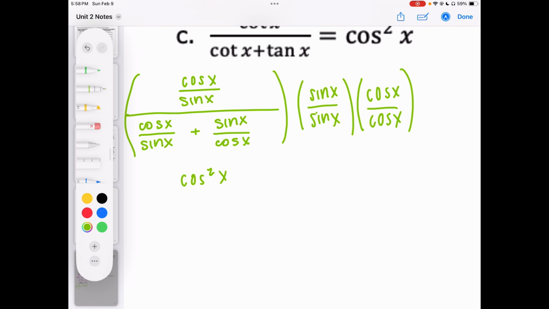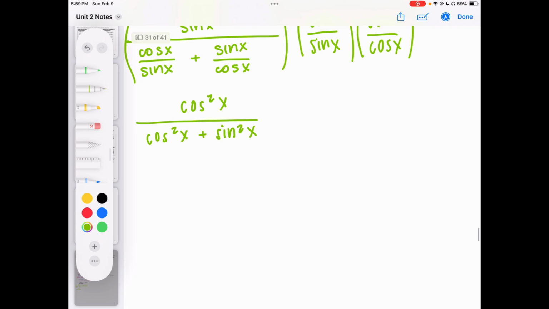And then if I multiply by sine of x in the denominator on the left, I'll be left with cosine squared because of the other cosine that we multiply by. And then if I multiply by sine and cosine for the bottom right, I end up with sine squared x. Okay. So a lot of stuff ends up canceling.